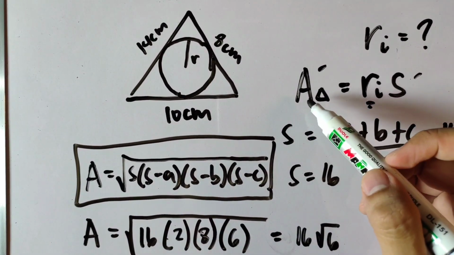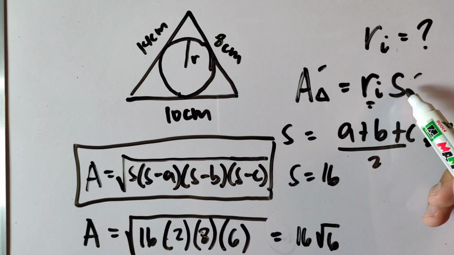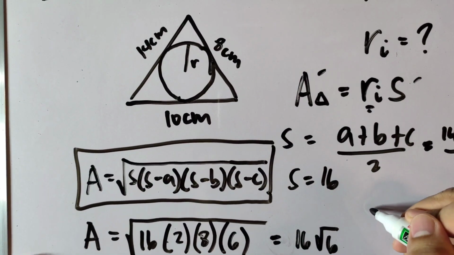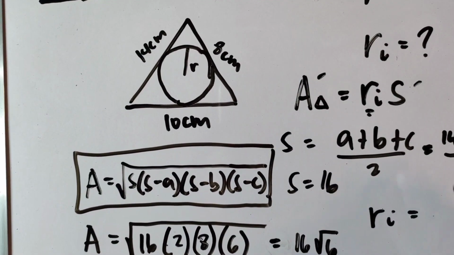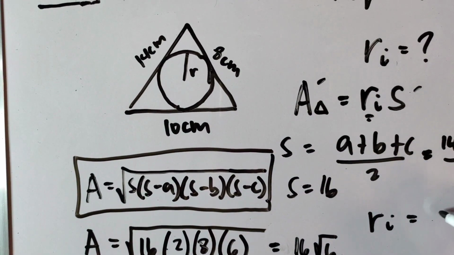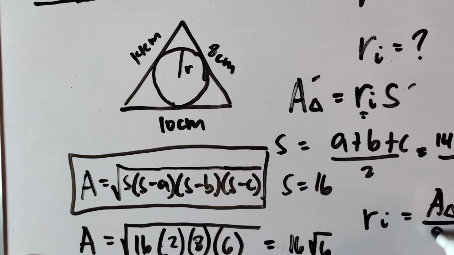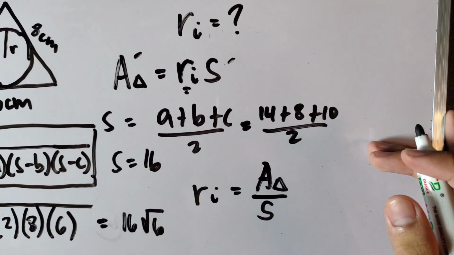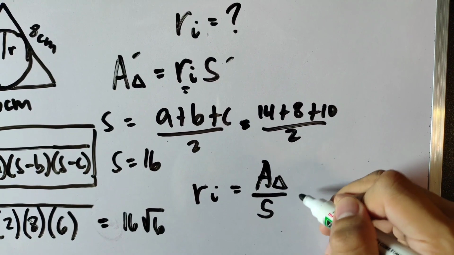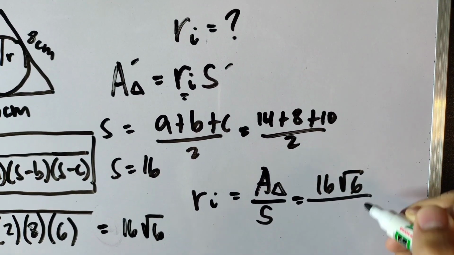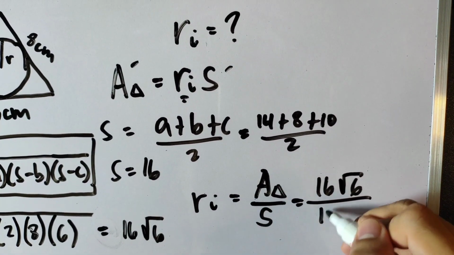Ngayon, alam na natin yung area ng triangle, yung semi-perimeter, masasolve na natin yung radius ng inscribed circle. So, yung radius ng inscribed circle natin is equal to area ng triangle divided by S. So, yung area ng triangle natin ay 16 square root of 6 divided by yung S natin ay 16.